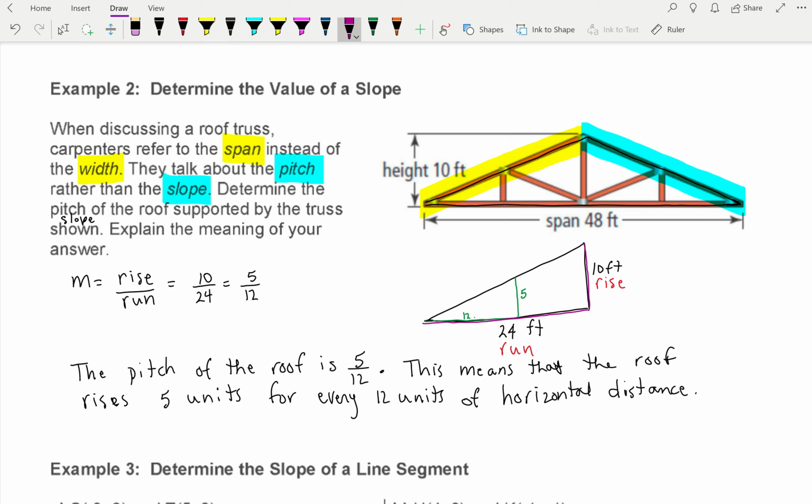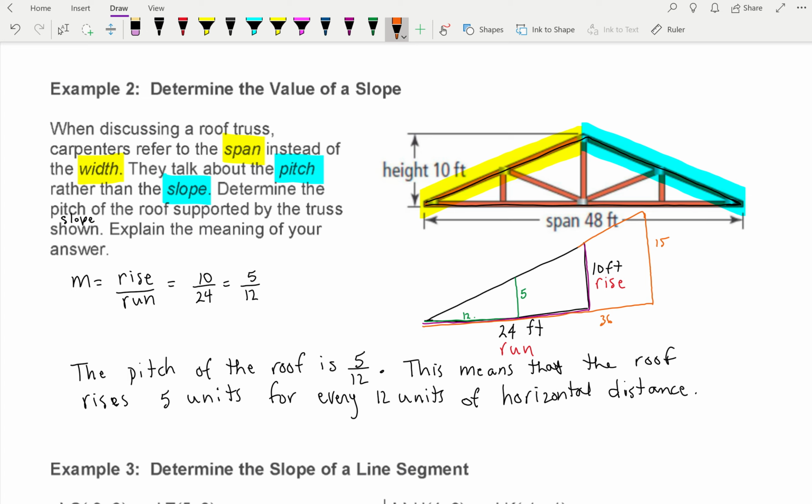If we continued this illustration, I could say, what if I wanted a run of 36? Then what do you think the height is going to be? Well, it's going to be 15, right?